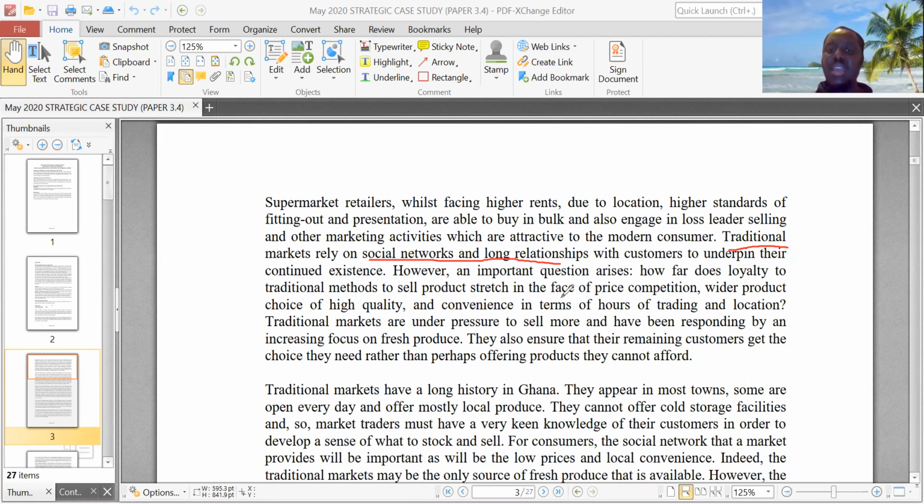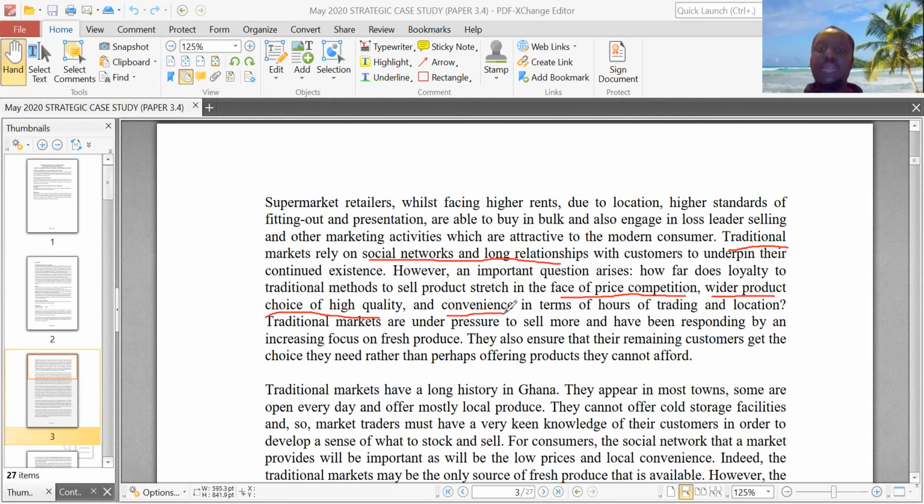So these are issues in the external environment that are creating challenges. So you have price competition, wider range of products. So customers have a lot to choose from. And then convenience is one thing as well. So this is one thing that the traditional markets are facing.